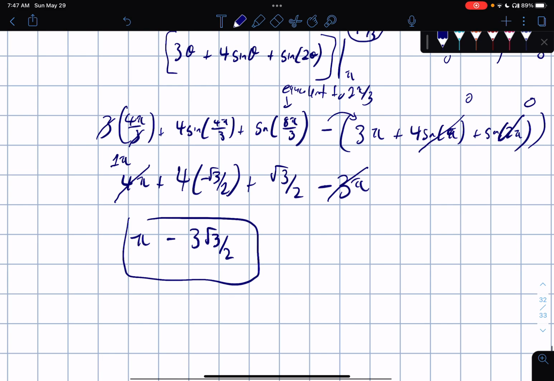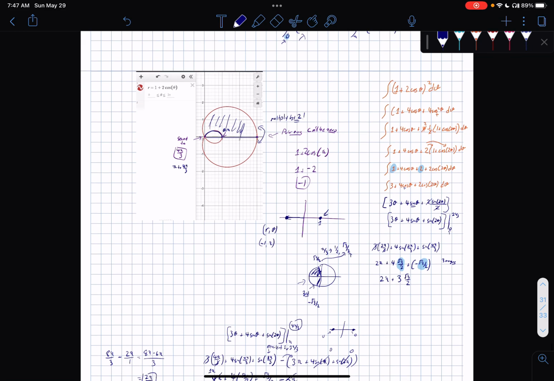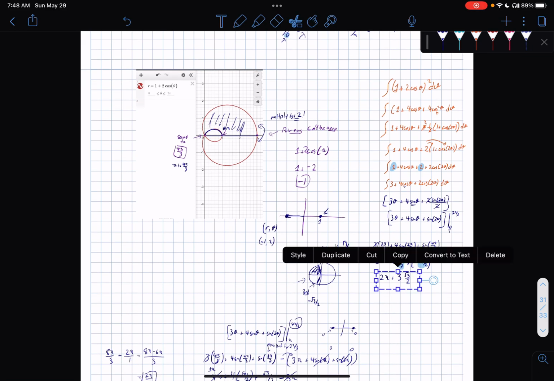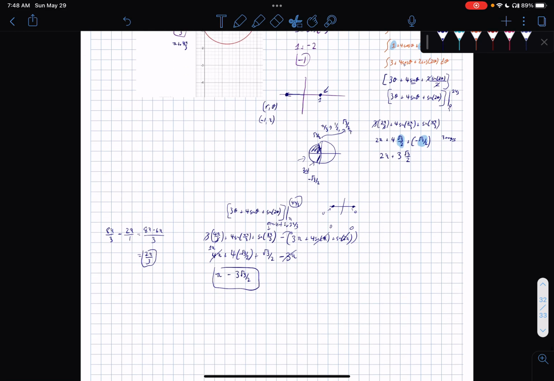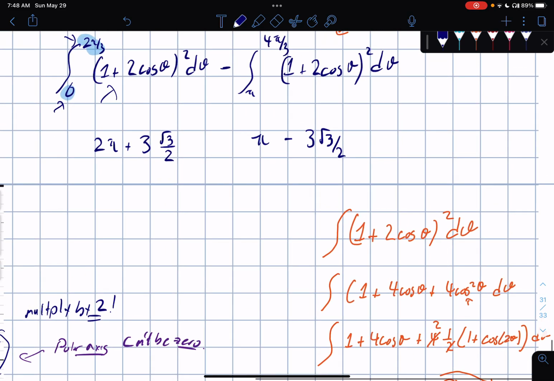So this is my answer for that integral. So if we plug in the answers, we're going to get this minus this. But remember that this applies to everything.